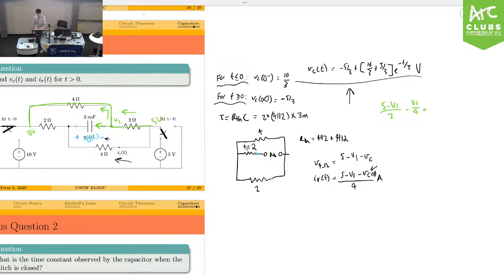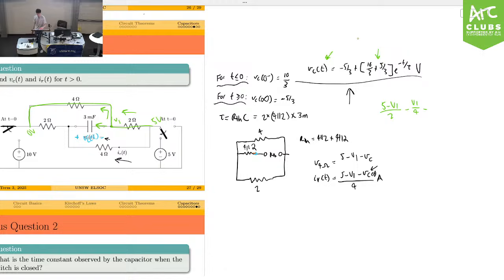And it's also going to be minus the current going through the capacitor. Now the current through the capacitor is going to be the derivative of this multiplied by C. So whatever that was, that's going to be 15 on 3, which is 5.